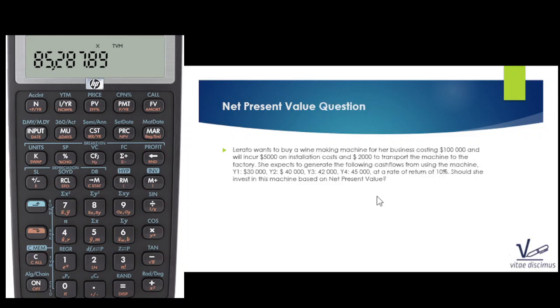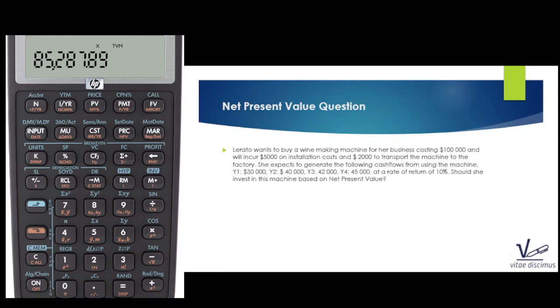In our question here, Lerato wants to buy a wine making machine for a business costing $100,000 and will incur $5,000 on installation cost and 2,000 to transport the machine to the factory.